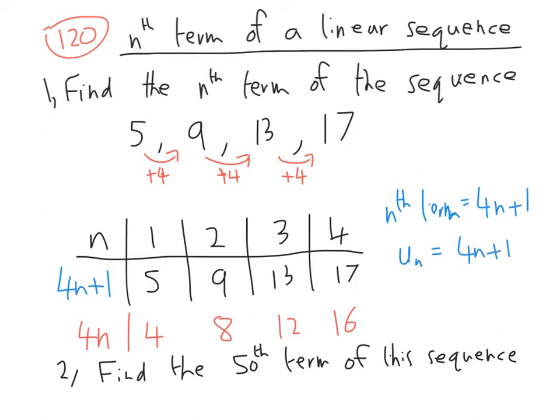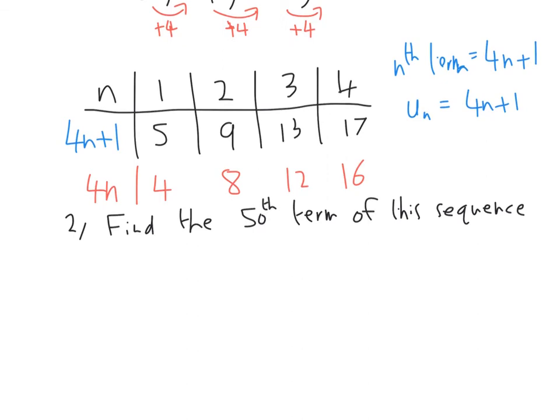If we move on then to question 2, question 2 says find the 50th term of the sequence, and this will show you why the nth term is useful. We know the next term is adding on 4, so the 5th term would be 21, but you wouldn't want to keep going and going to get to the 50th term. You'd want a quicker way of doing that, and the way to do that is using the nth term rule.